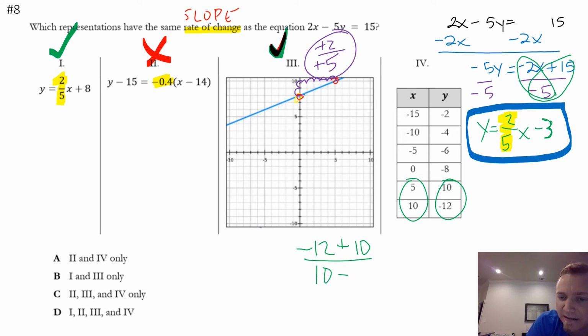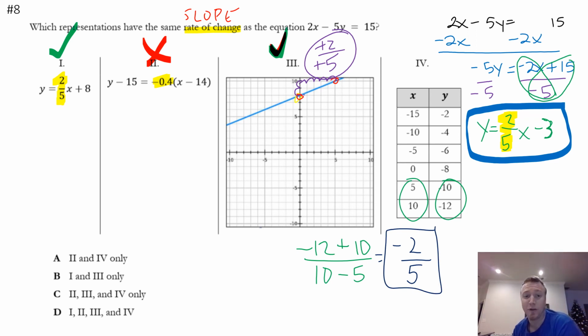So 10 minus 5. And we would get -12 plus 10 is -2, and 10 minus 5 is 5. So the slope is -2/5. We found it's positive 2/5, so Roman numeral 4 would not be the same.